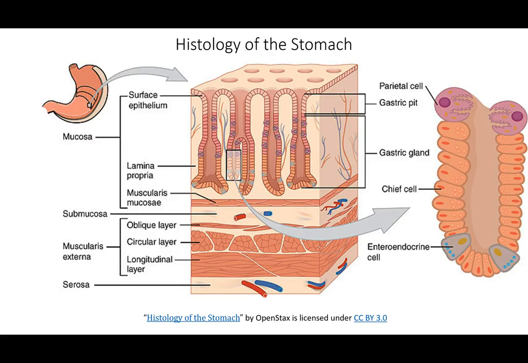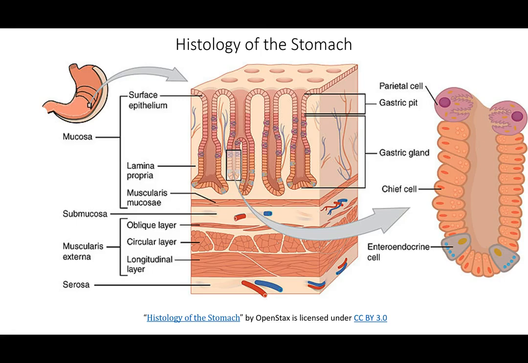The gastric pits are mostly made out of mucus cells. The glands have a different type of cell, and these glands can vary depending on where they're found in the stomach. So glands in the cardia and pylorus region are mostly the mucus secreting cells, but then there are going to also be some hormones that get produced in those regions and stuff.